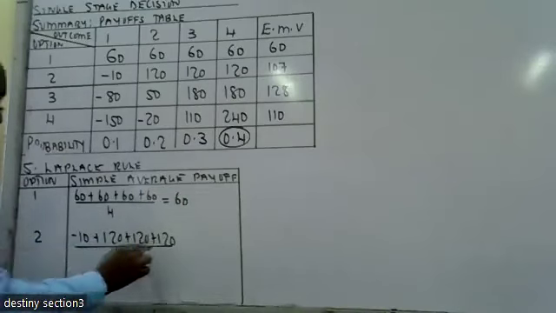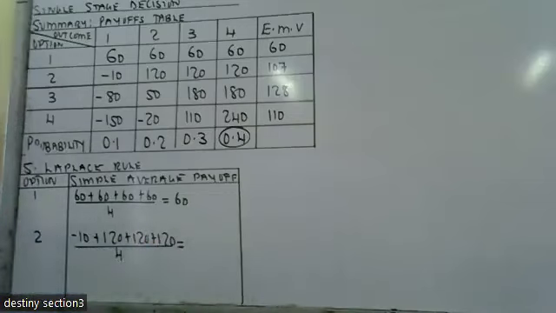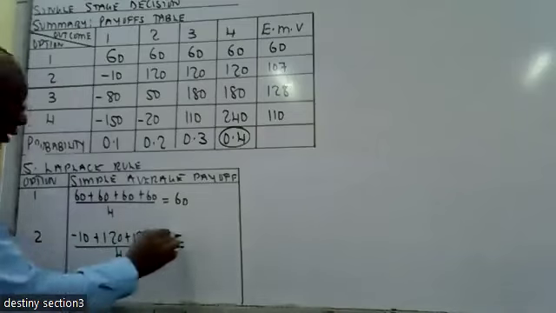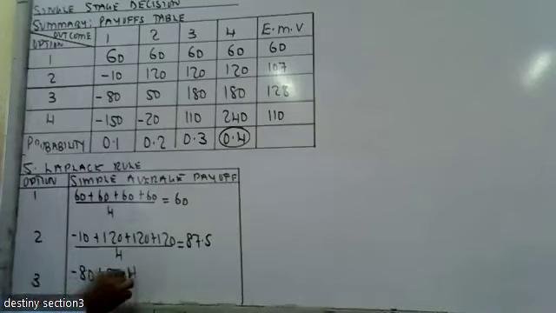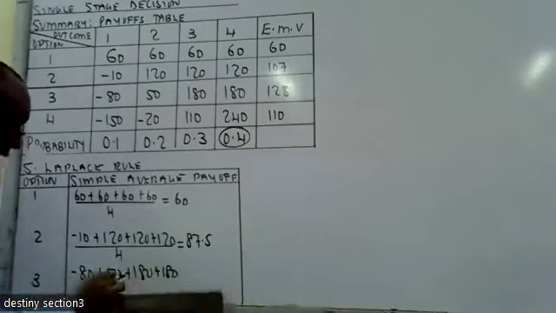You divide by 4. That is 87.5. And number 3, it is minus 80 plus 50 plus 180 plus 180.